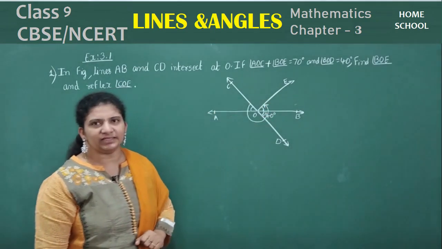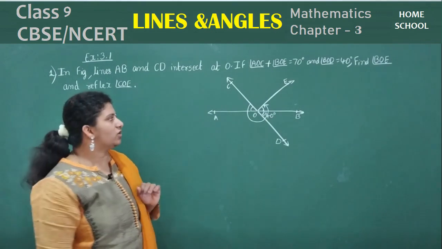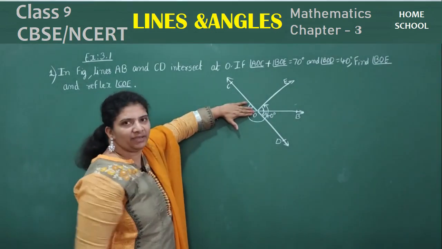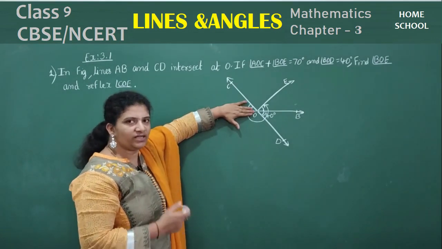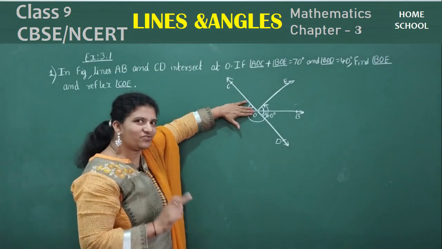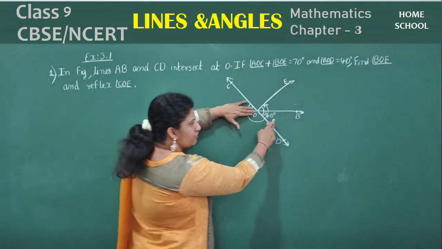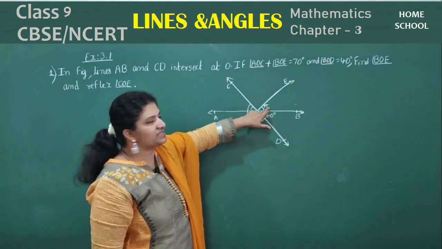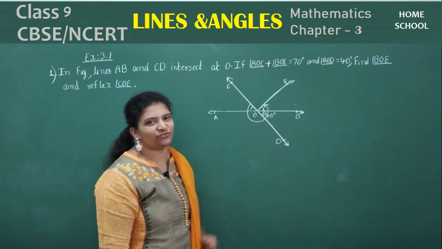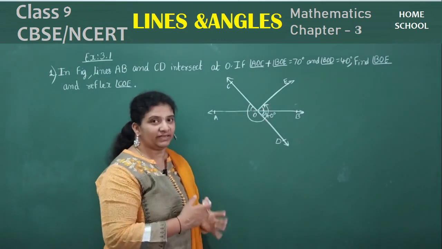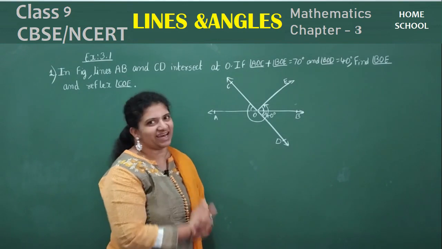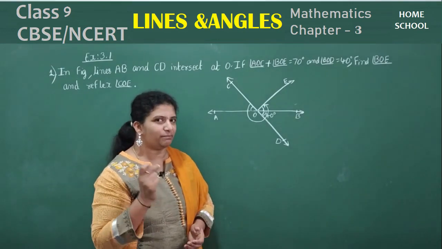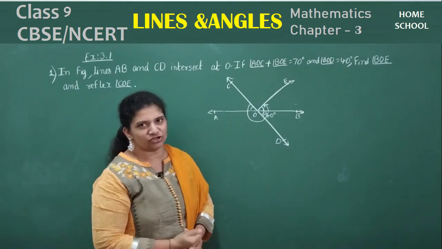How can you find it? Let me forget this ray. What is CD? CD is a line. What is this right angle? The angle is 180. 180 plus 40, how much will it be? 220. 220 plus 30, it will be 250, our answer. But you take one page to answer this one. Once you understand, within a minute you can answer all this.